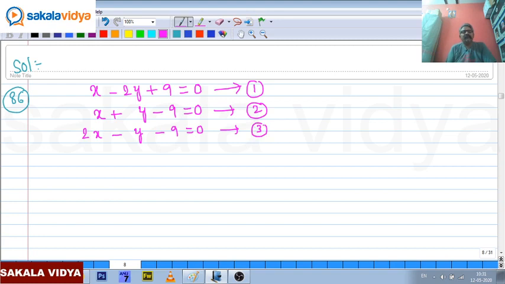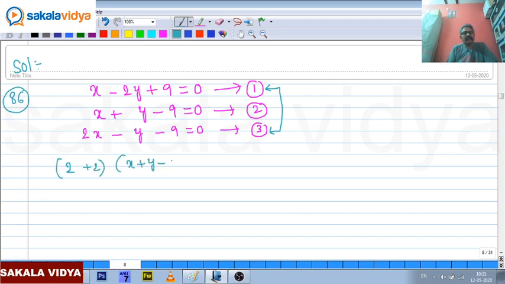This time you do one thing. Take first equation and second equation. One into 2, 2. Minus 2 into minus 1 plus 2 into second equation.